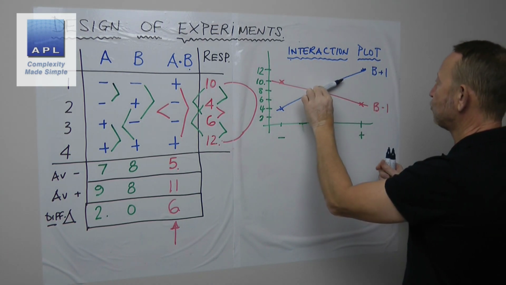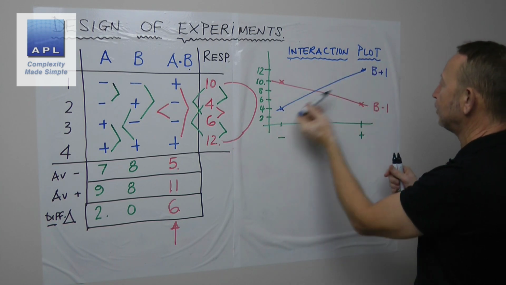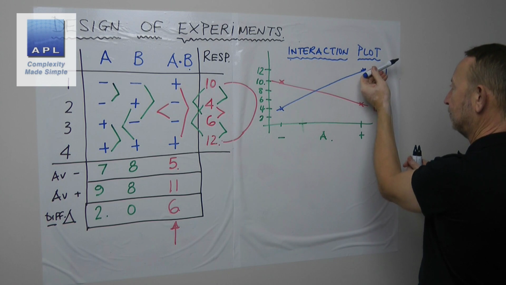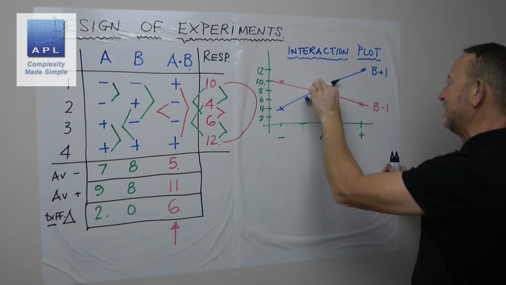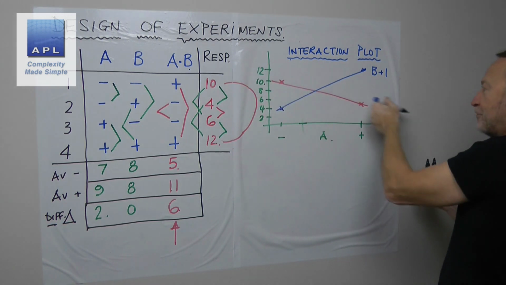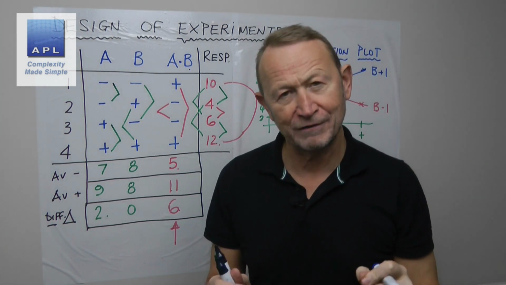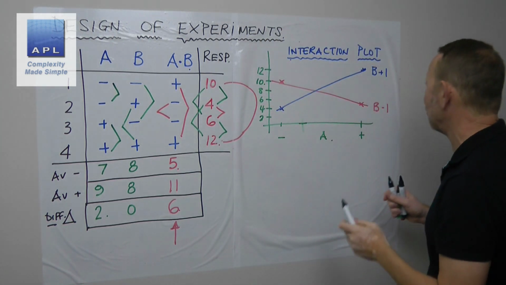So when B was all the way to the positive, A drives the result higher. But if B gets switched all the way to the negative, A will start to drive the result down. It'll drive it lower.